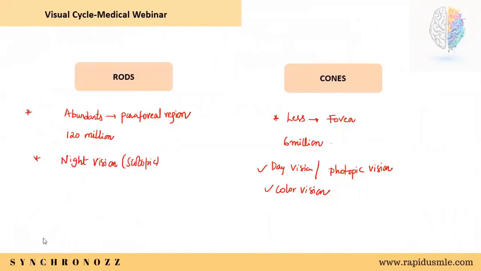Here I need to mention a theory known as the duplicity theory. What is this duplicity theory? Rods are helping in night vision, that is scotopic vision. Cones are helping in day vision. So two kinds of inputs, one from the rods and the other from the cones, are carried to the CNS from the eye.